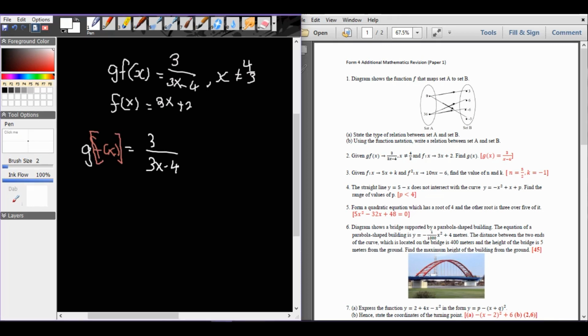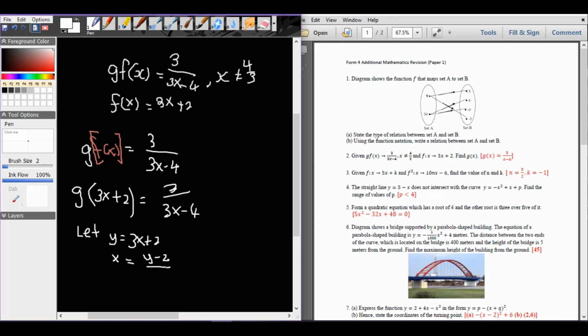We are given f(x). f(x) equals 3x plus 2, so just substitute in: g(3x plus 2) equals 3 over 3x minus 4. Let y equal the bracket here, 3x plus 2. Then we rearrange this equation. You will have x equals (y minus 2) divided by 3.